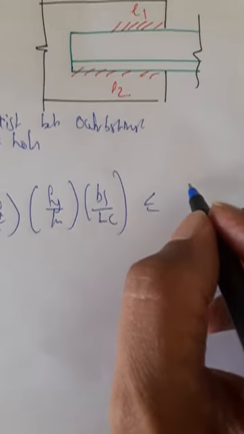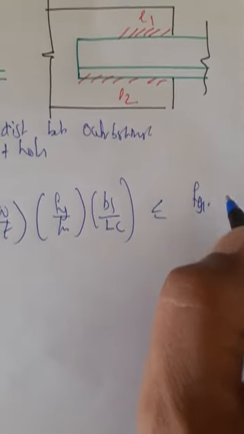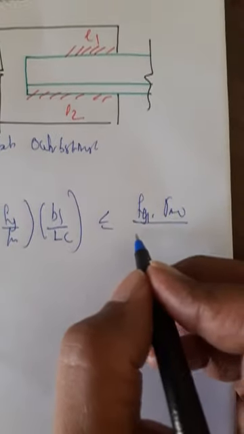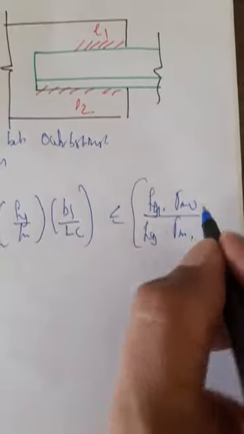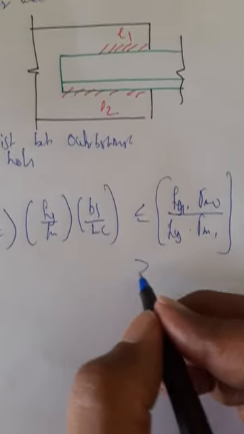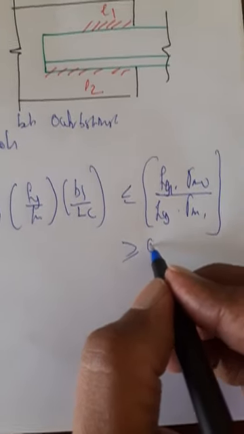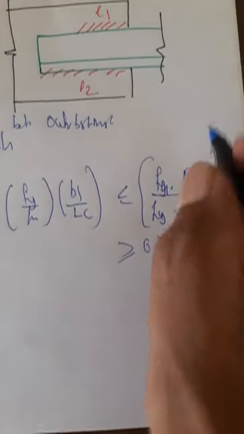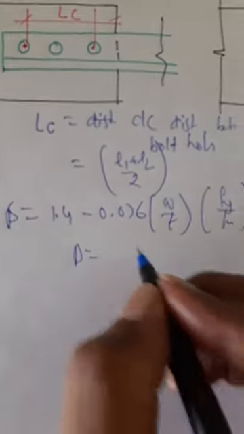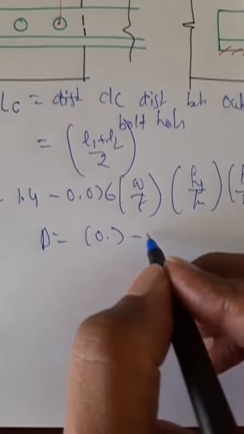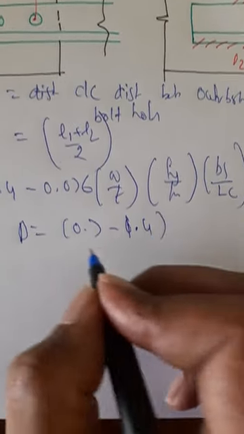This should be less than or equal to (Fu by gamma m0) divided by (Fy by gamma m1), and again this should be greater than or equal to 0.7. If you solve this, you will get the answer 1.4. So what it means is your beta value should be in the range 0.7 to 1.4.